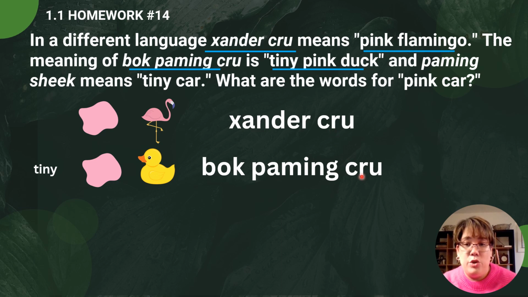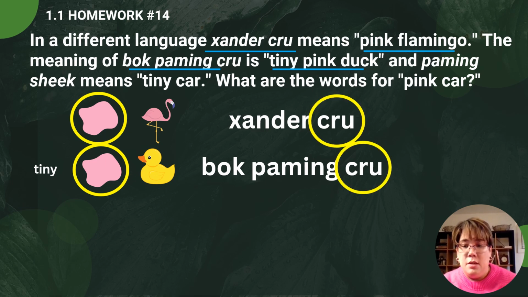I see Crew right here, right? And I see these pink blobs. So that means that I can match those up. Pink blobs and Crew. That means that pink equals Crew. Okay, so that has to be a match. All right, so now I know that pink equals Crew.